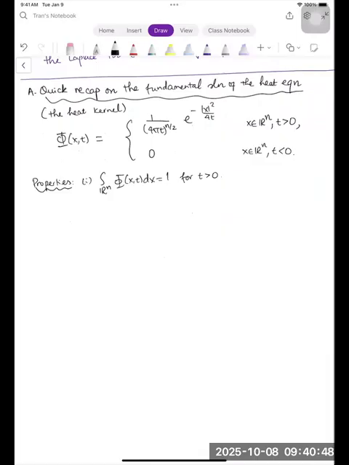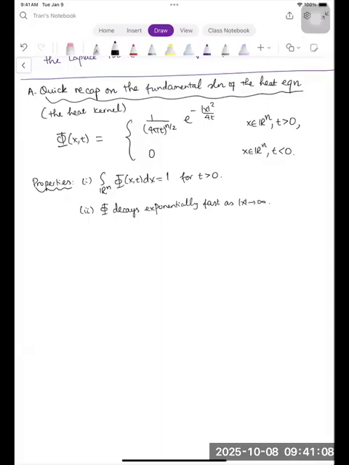And then we see also that phi decays exponentially fast as x tends to infinity.